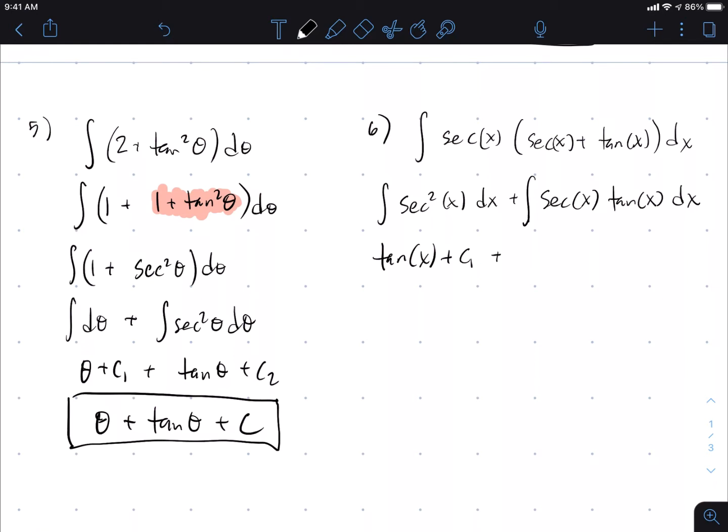The secant x. Do you see how it's backward thinking? Right? So to attack this one, I had to do the antiderivative. I had to think, okay, what's the derivative that gets me this? Well, that's secant. So my answer has to be secant plus some constant. So the answer to this is tangent of x plus secant of x plus some new constant c.